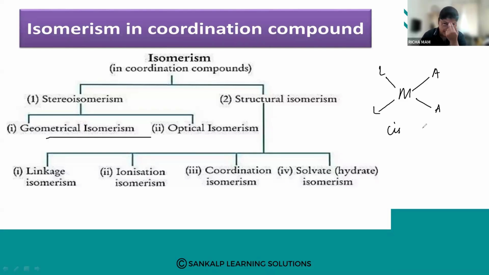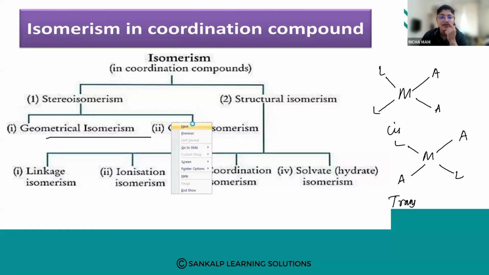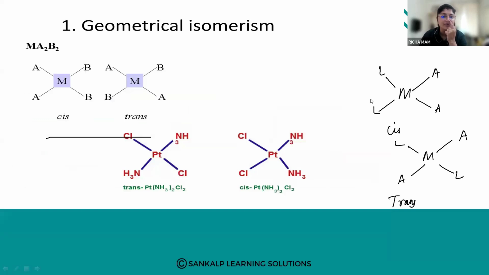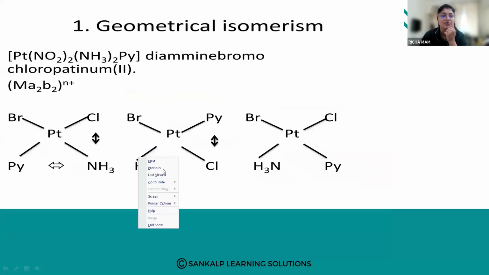Cis isomer. If the ligands are on the opposite side, then it gives rise to trans isomer. So we have seen geometrical isomerism in coordination number 4. This we discussed yesterday, right, of coordination number 4.